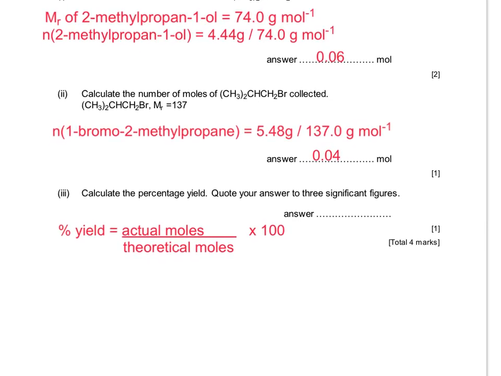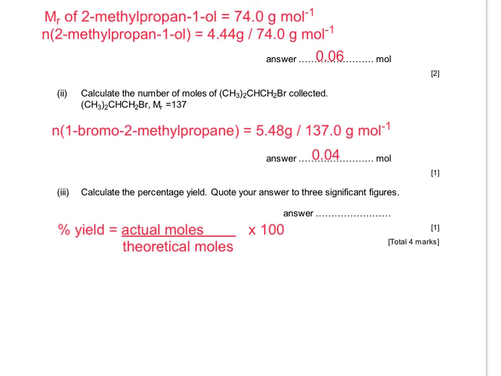So therefore, we need 0.04 over 0.06 times 100. So that's 66.7%, not your calculated value of 66.6666667. It's 66.7% because they want 3 significant figures.